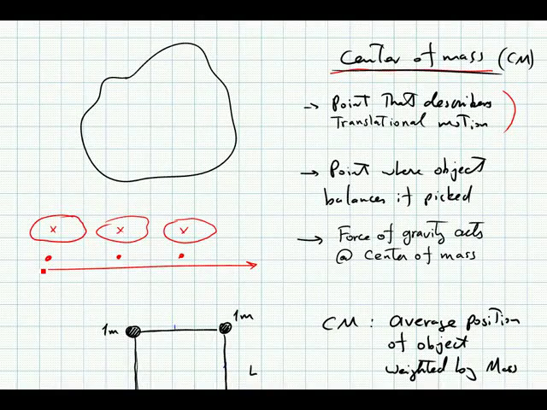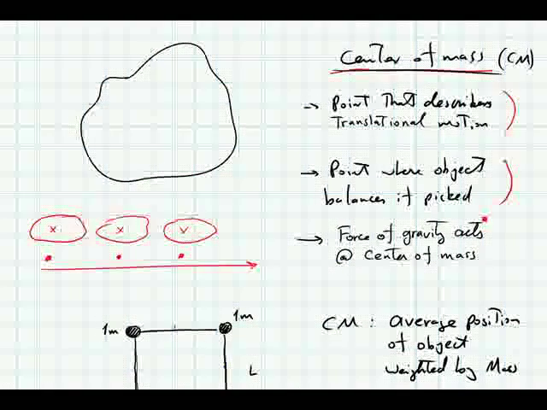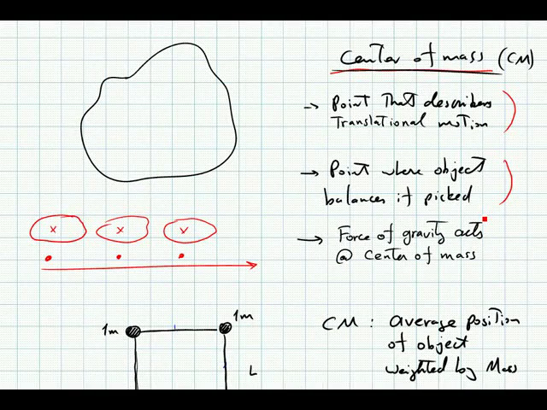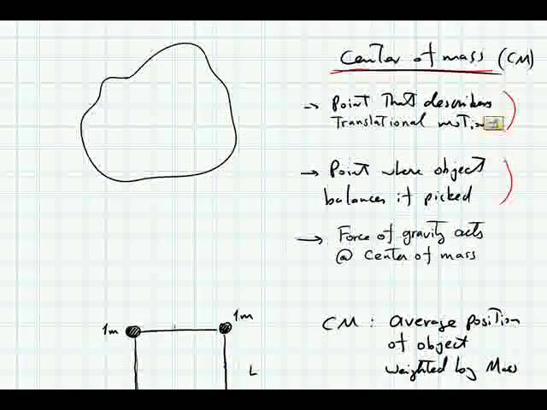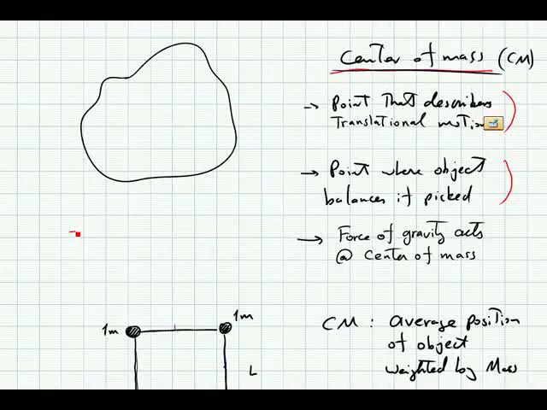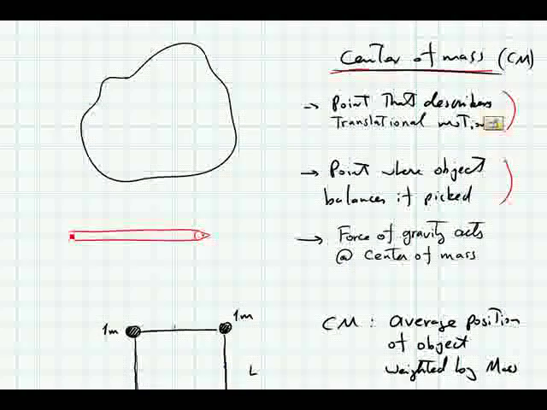Furthermore, the center of mass is the point where an object balances if picked up there. So rather than a potato, a simpler example is a pencil. Let's draw a pencil here with an eraser at the top.